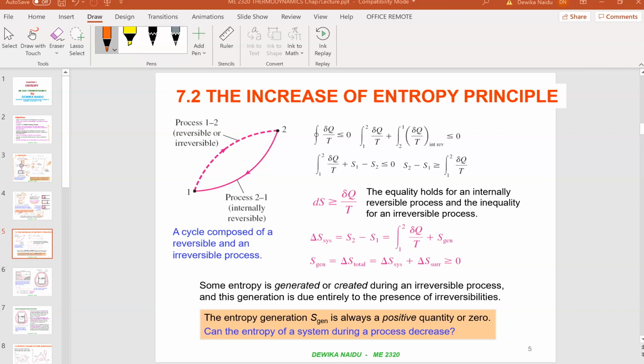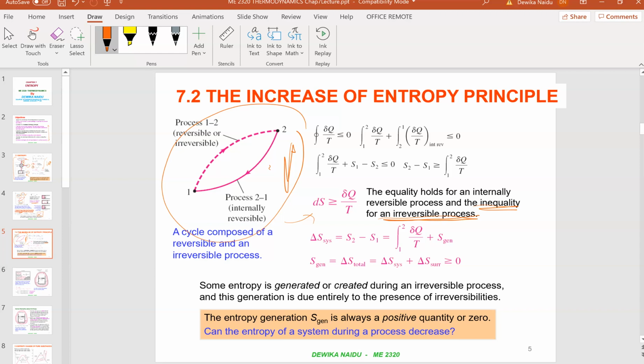Process 1 to 2, which is reversible or irreversible, and process 2 to 1, which is internally reversible, shown in this figure. Okay. So this is actually from the Clausius inequality. From this diagram here, it can be proven that the equality holds for an internally reversible process and the inequality for an irreversible process.